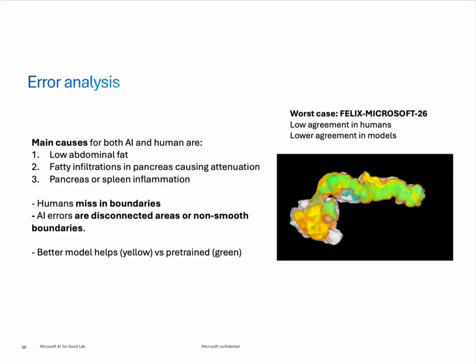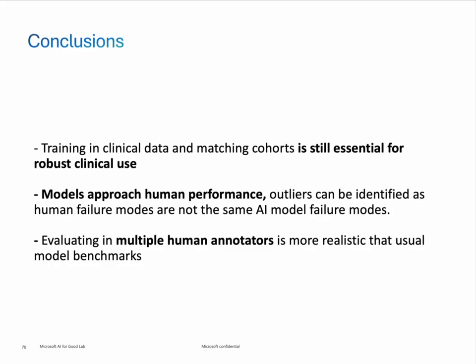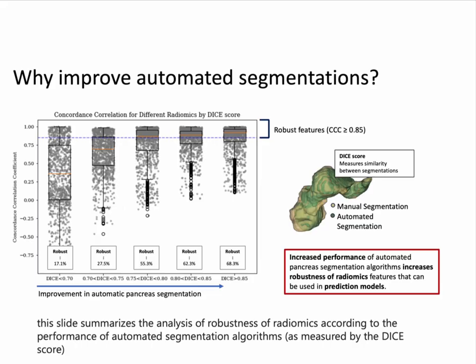But again, we are working on those, trying to really improve. And again, where computers have problems, it's where people, radiologists, technologists doing the segmenting have problems as well. So again, we're not perfect yet, but we're on the way there.